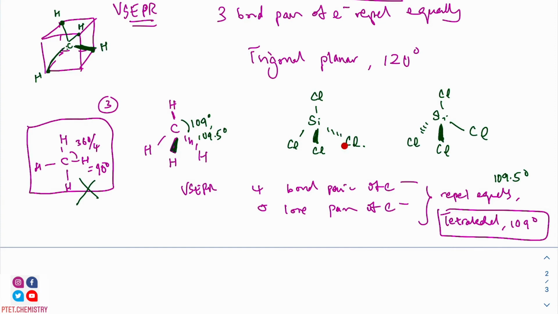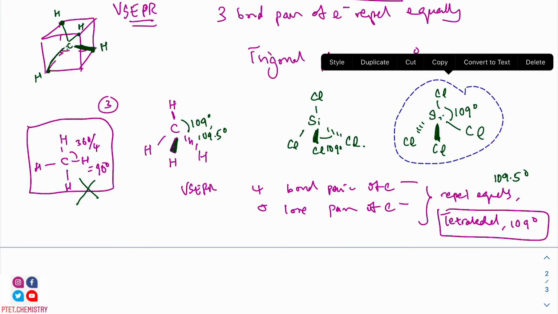So this is the same as that. You could draw like this because the 2 bonds that are in the plane of this paper are next to one another. Not only that, this is 109 degrees, that is also 109 degrees, that is also 109 degrees, or you could use 109.5.